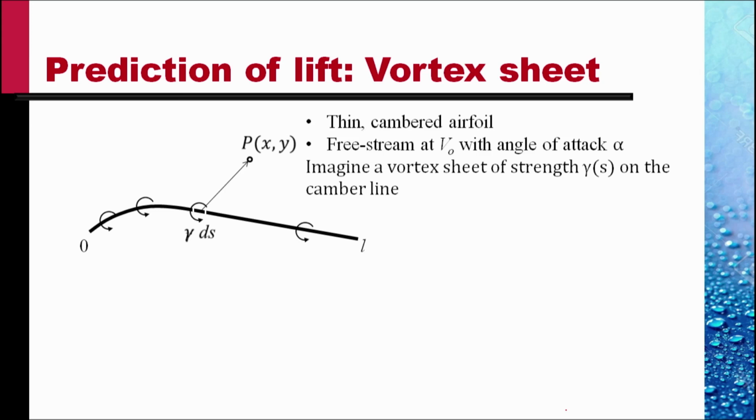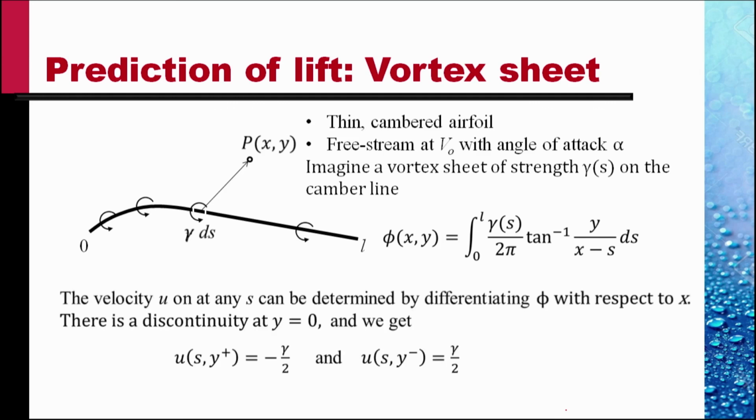We imagine a vortex sheet of strength gamma(s) on the camber line, calculate the potential at point (x, y). Because of this vortex sheet of strength that varies like gamma(s), the velocity u on any location s can be determined by differentiating phi with respect to x. There is a discontinuity at y equal to 0 and we get u, the horizontal velocity, slightly above the camber line as minus gamma by 2 and slightly below as gamma by 2.